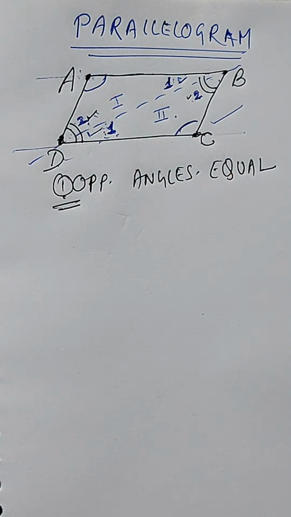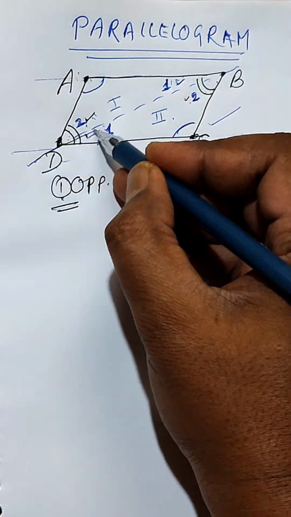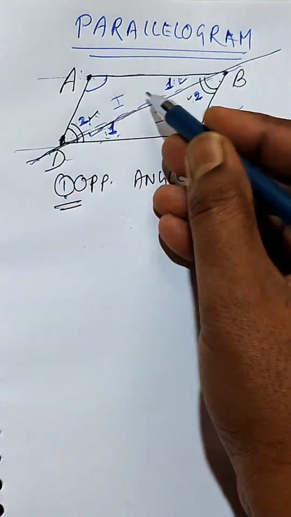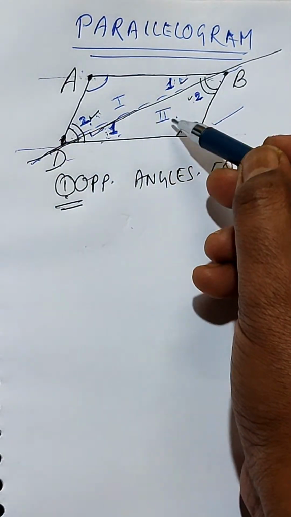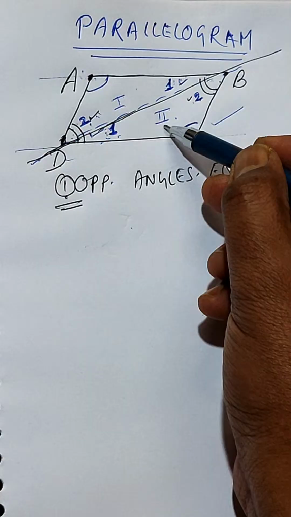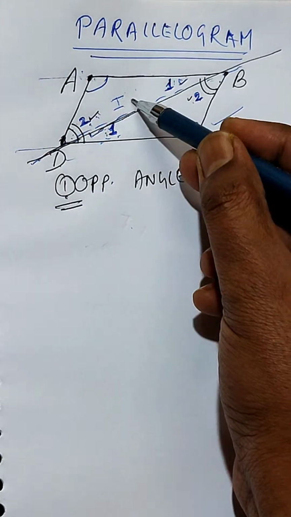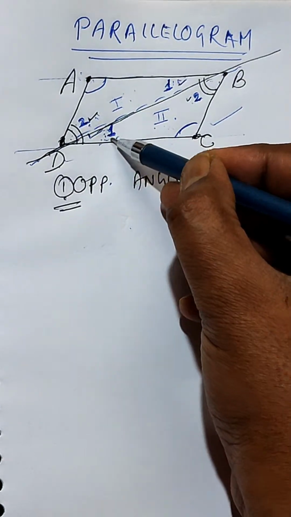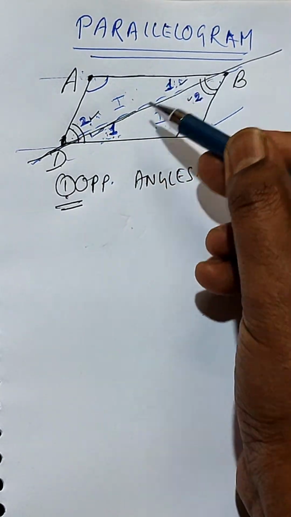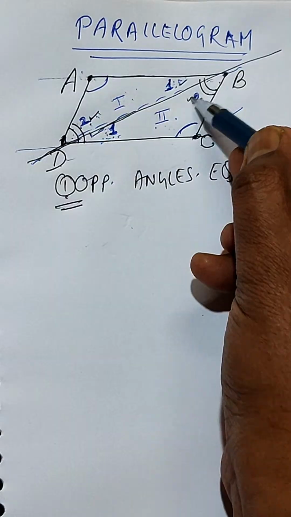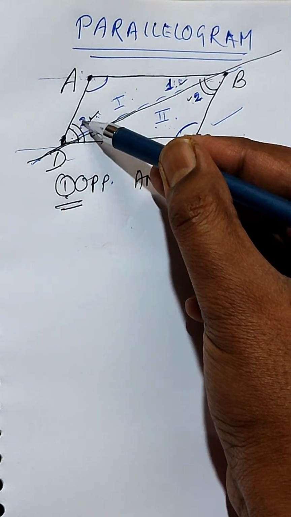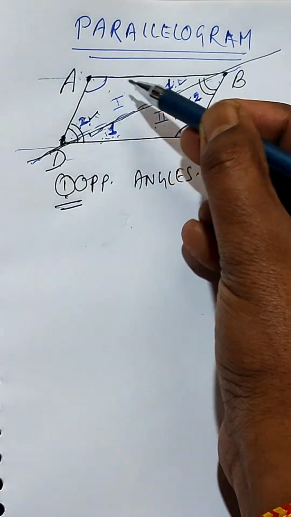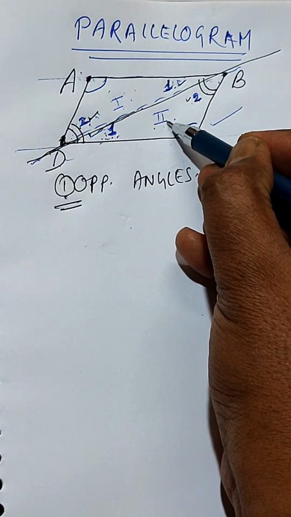Number 2, any diagonal of a parallelogram divides the parallelogram into two triangles, isn't it? And these two triangles are equal in area. As I have shown you, angle 1 is equal to angle 1, angle 2 is equal to angle 2. So by ASA, this triangle 1 is congruent to triangle 2.